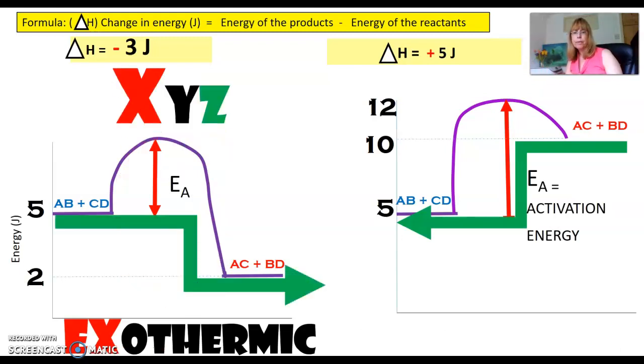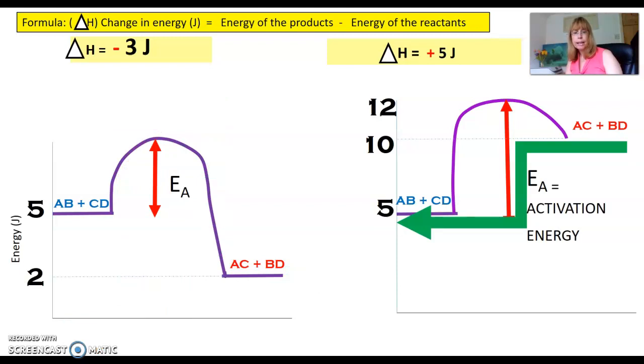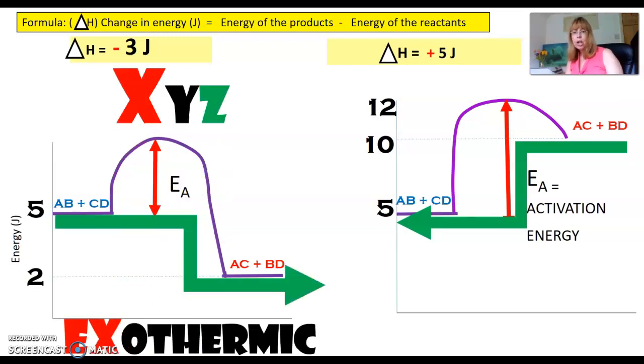Now, looking at these reactions, I want to show you something interesting. Looking at this graph, if I take the level of my reactants and my products and I join it up, I get that Z shape. Now that is typical of an exothermic graph.